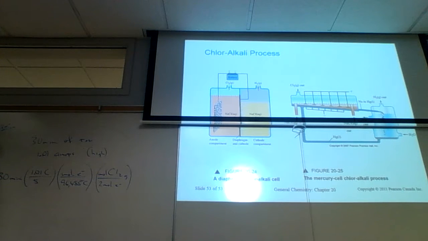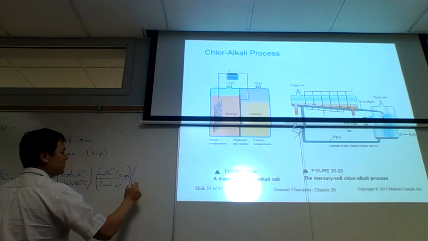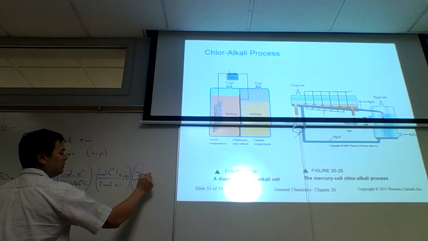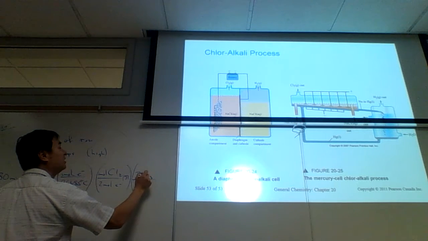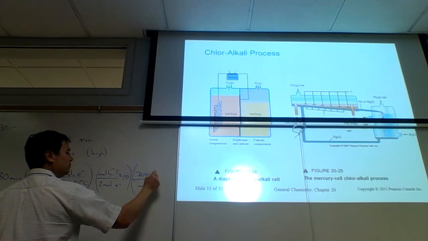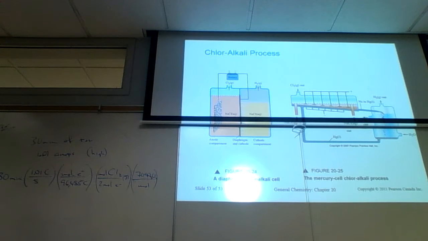So we see 2 moles of electrons for 1 mole of chlorine. And then we can figure out how many grams. There's 70.90 grams per mole of chlorine. So I can figure out how many grams of chlorine.